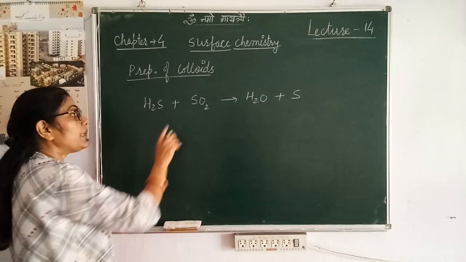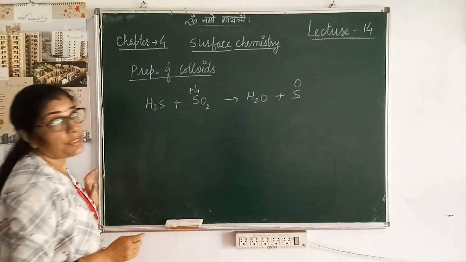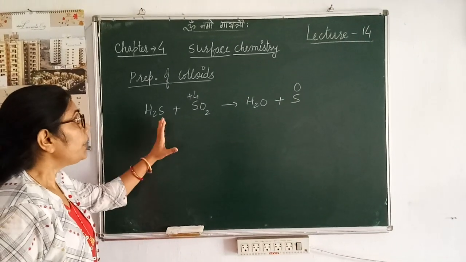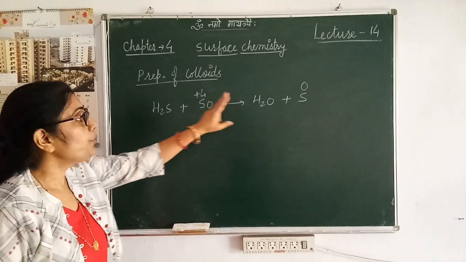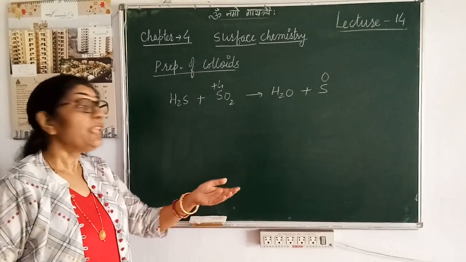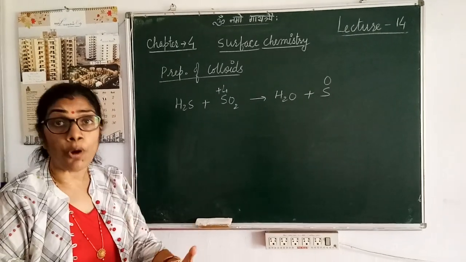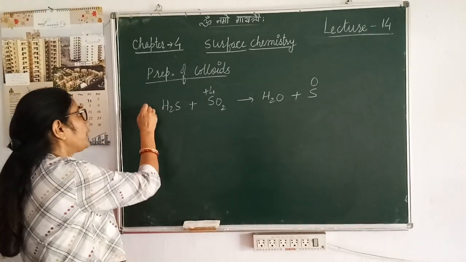Now you can see sulfur here, oxidation state +4, and in free state it is 0. So double decomposition here -2 and that side it is 0. Oxidation, reduction. Then there are some other chemical methods, exchanging the solvent and so on.